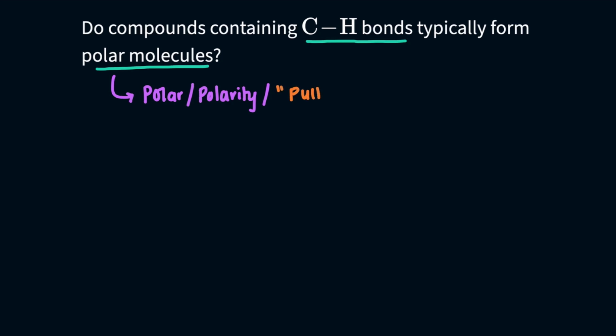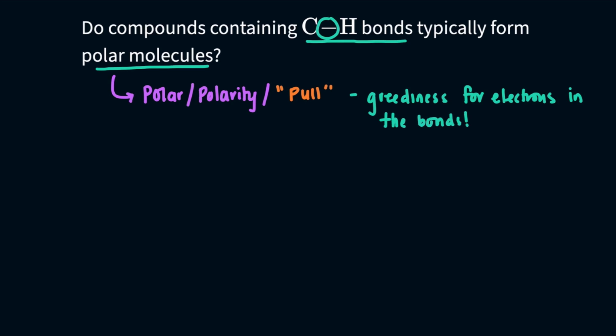Which means that there is a greediness in the atoms, a greediness for electrons in the bonds. Nobody cares about what's going on around the bonds, but it's only the electrons in that certain chemical bond.